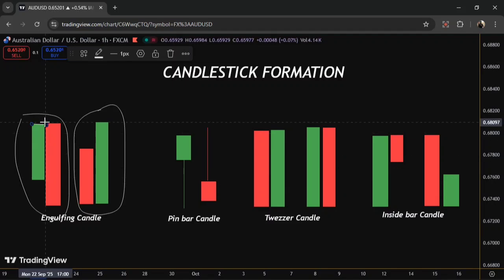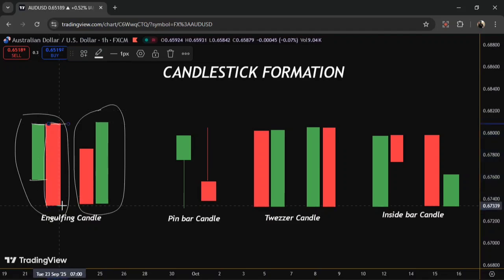Right, so as you can see, this is the open price of this candlestick, and it traded up and closes here. But what do you see? The next candle just trades in the opposite direction, which is the bearish candlestick, opens here and closes below.